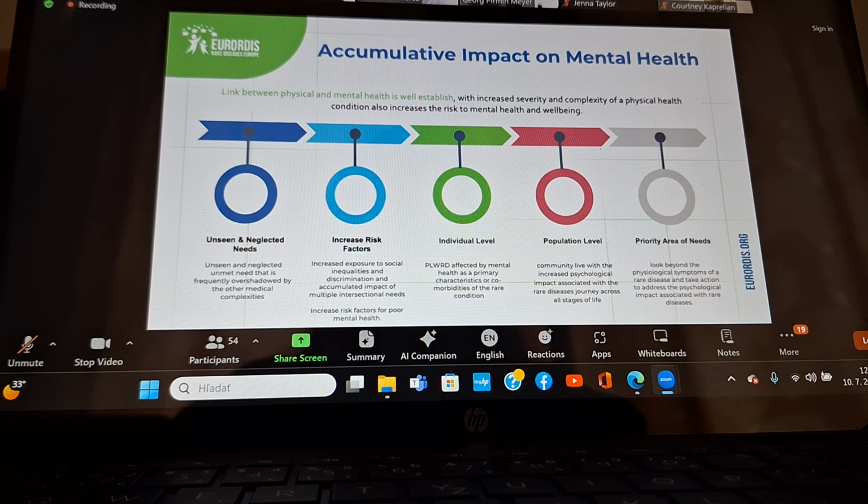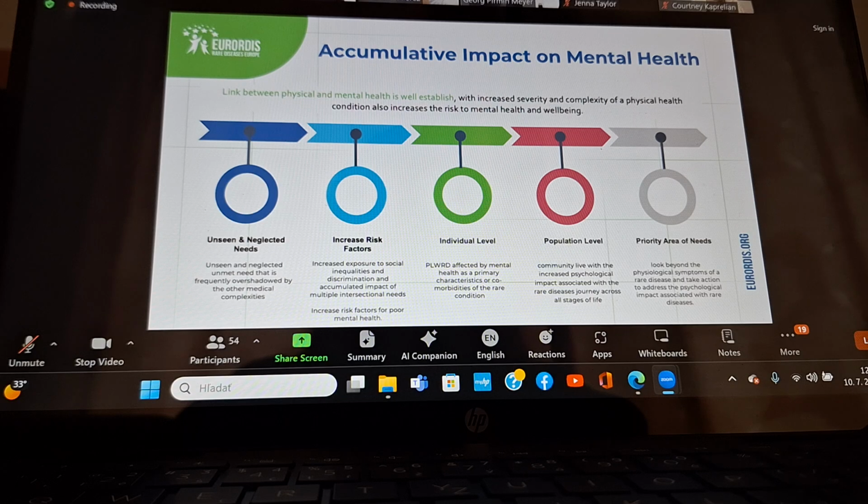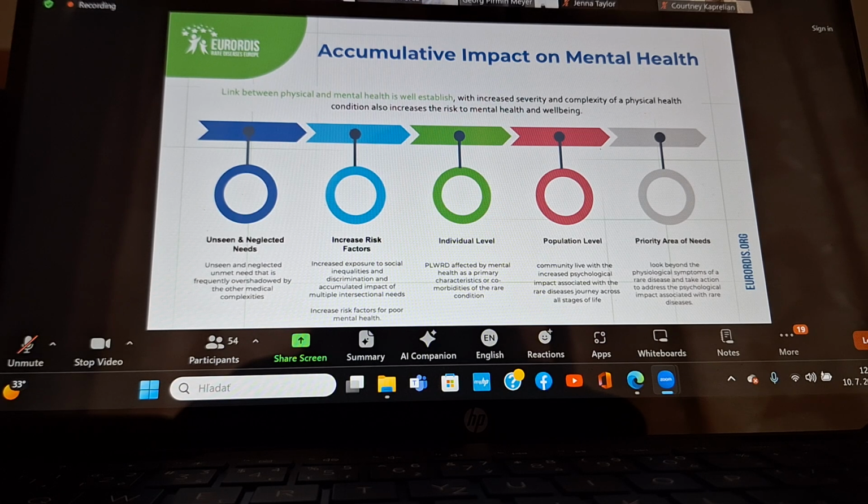But at a population level, everyone who goes through that rare disease or rare condition pathway experiences the psychological impact of that pathway, which I'll come to in a minute. Our community has raised that now is a time to look beyond the physiological symptoms of a rare condition and take action to address the psychological impact we experience.